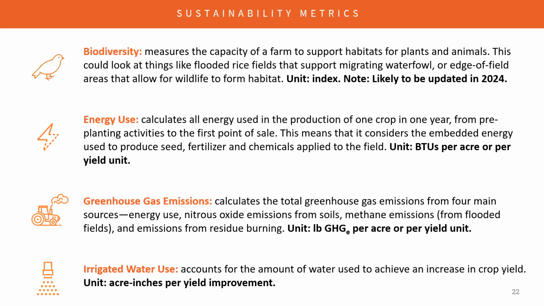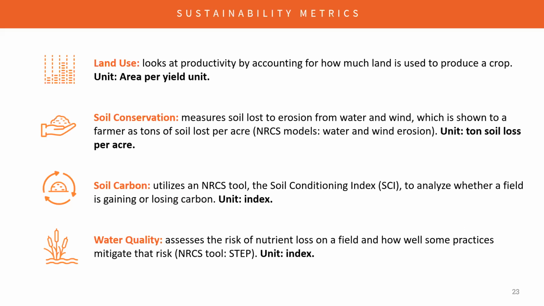Irrigation water use takes into account the water used to increase yield based on what non-irrigated yield is. Land use takes into account the yield. It's basically the inverse relationship of yield. And soil conservation uses NRCS models to get water and wind erosion, and we report an aggregate tons of soil loss per acre per year based on the crop rotation submitted.